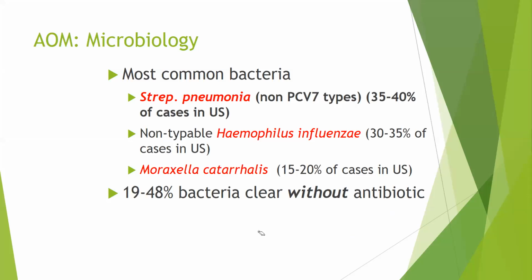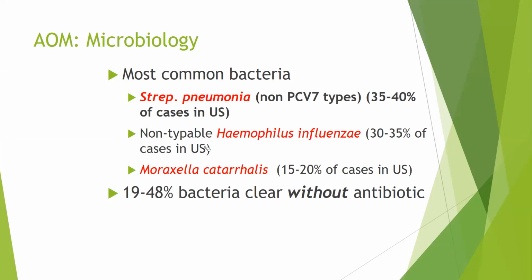So microbiology: the most common bacteria that causes infections of the ear is Strep pneumoniae, so 35 to 40% of cases. There's also Haemophilus influenzae, which is non-typable. To grow Haemophilus, you put it on a chocolate agar plate.